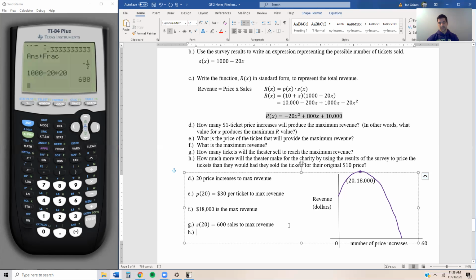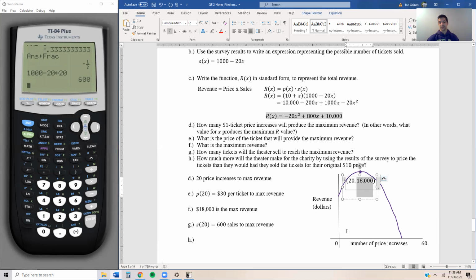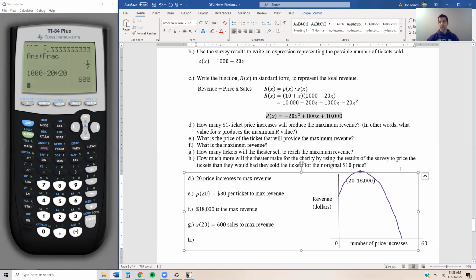Finally, it says, how much more will the theater make for the charity by using the results of the survey to price the tickets than they would have had they sold the tickets for their original $10 price? So we know what maximum revenue is. The revenue right here is $18,000. What we also want to figure out is, what is the revenue if we make no change to ticket price? Well, remember the x-axis here is number of price increases.